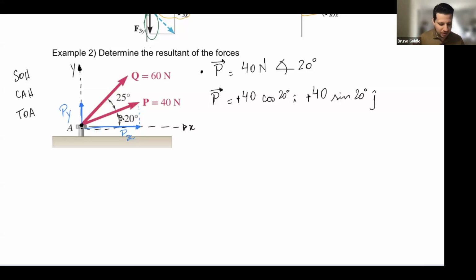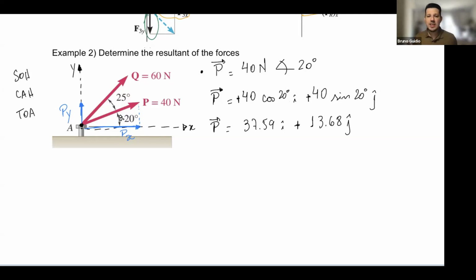Once I do this calculation, you can do it right now, 40 cosine of 20 degrees. Make sure your calculator is on degrees. If it is not, let me know after class, I can help you figure out how to change it. So it should be in degrees, and we're going to get 37.59 i hat, positive 13.68 j hat.